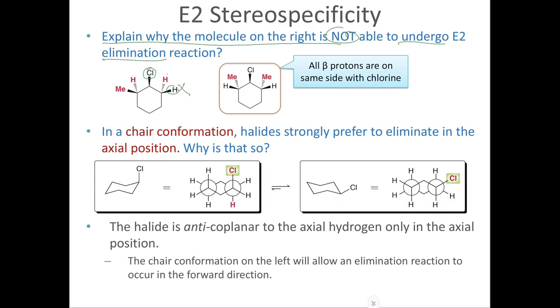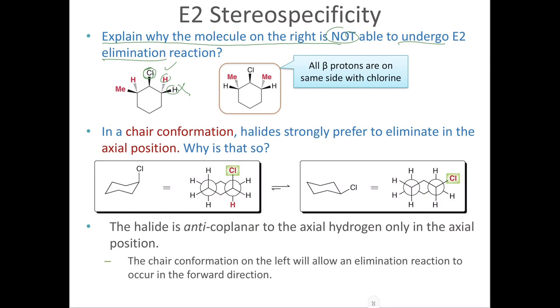But we can use the hydrogen behind the screen to do elimination with the chlorine because they are on the same plane, but on opposite sides of it. So we can do elimination.